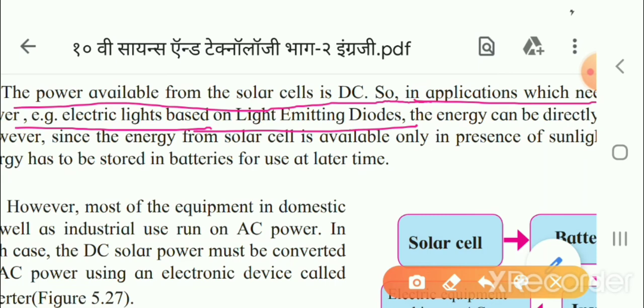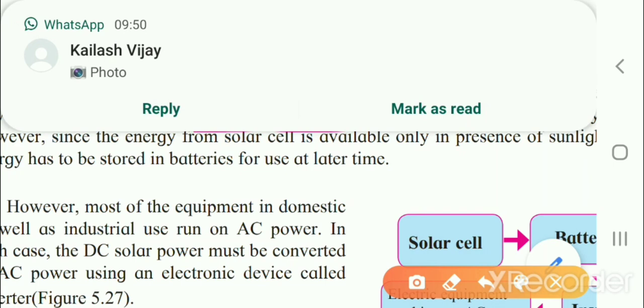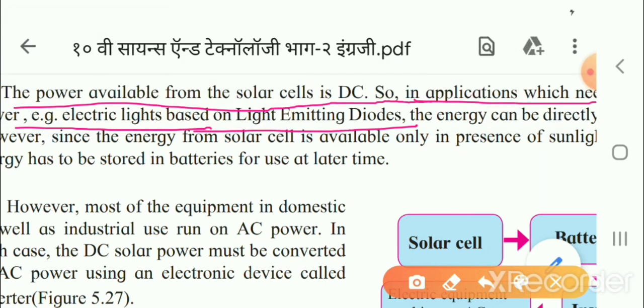But naturally, children, like at home, when we are going regularly to the office or regularly to earn money, then it is okay. But nowadays, the pandemic is there, so many people cannot go to buy things as well as to earn money. So whatever money they have saved, with that they are managing. Here also, in the daytime the sunlight is there, so we can get solar energy.